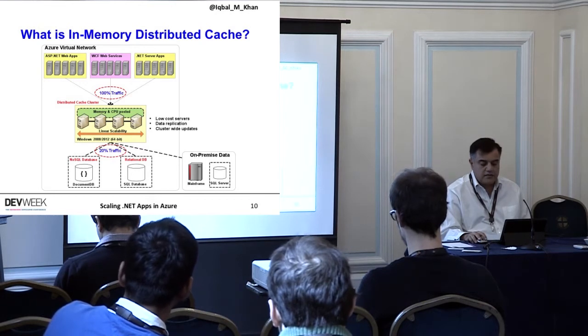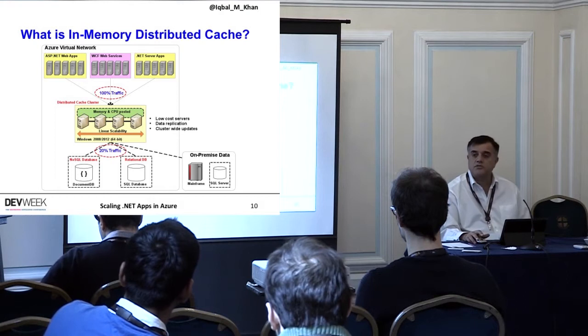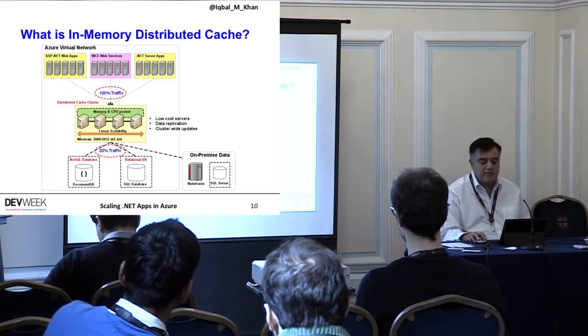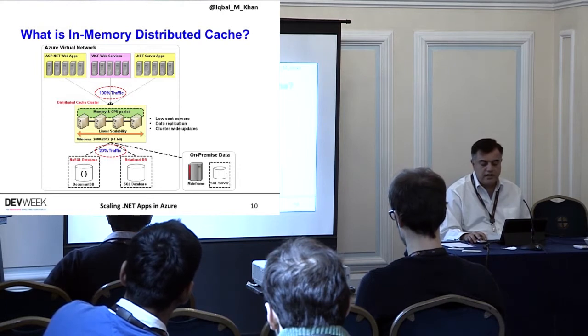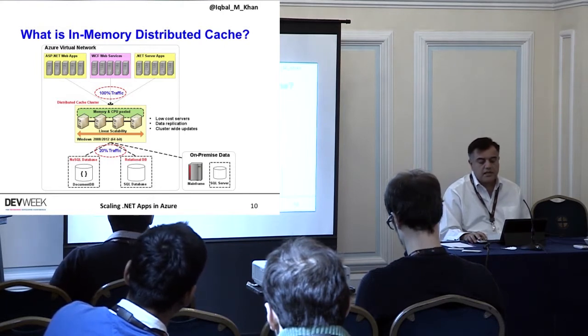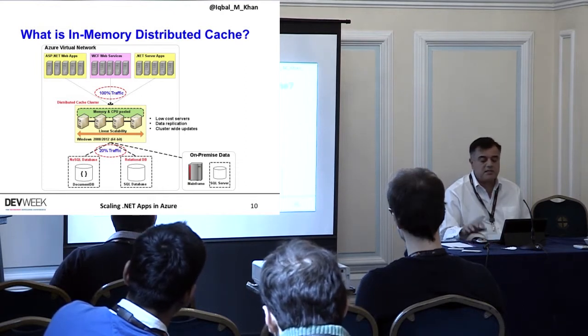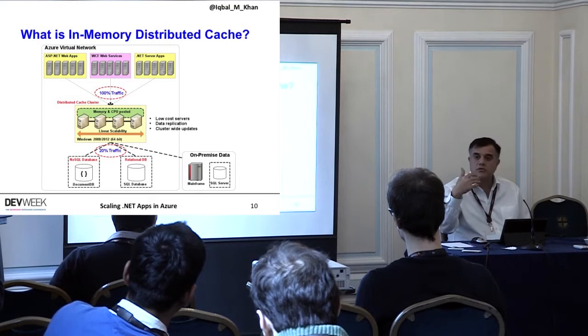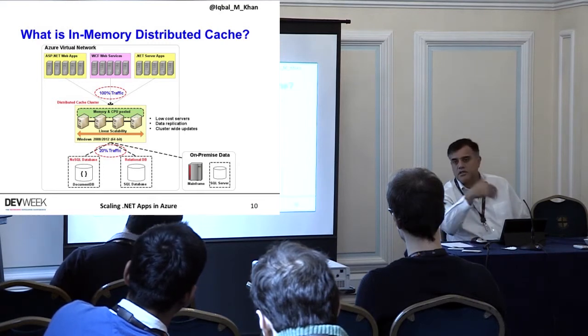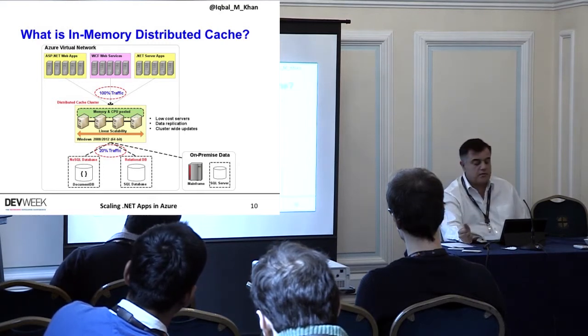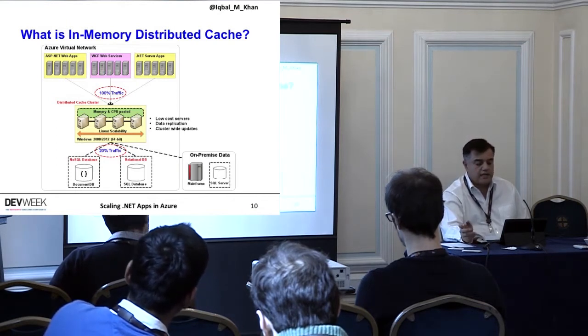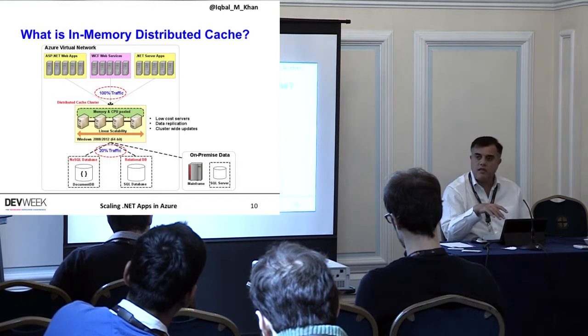And because it's a distributed cache, a key value store, it scales in the same fashion as the application tier. So because it scales in a linear fashion like the application tier, the database is no longer the bottleneck. And the reason is because about 70 to 90% of your normal database traffic is going to be diverted to the in-memory distributed cache. And I'll talk about why that is.